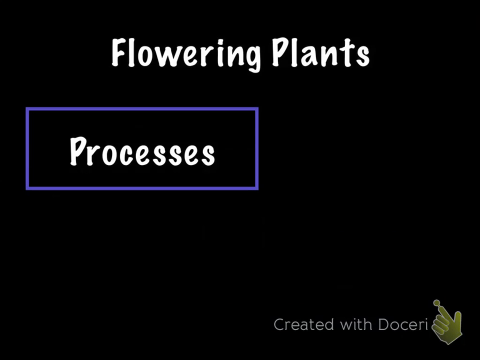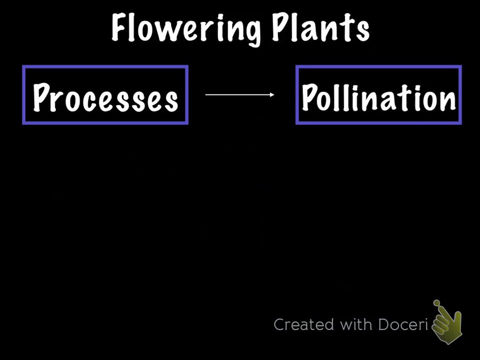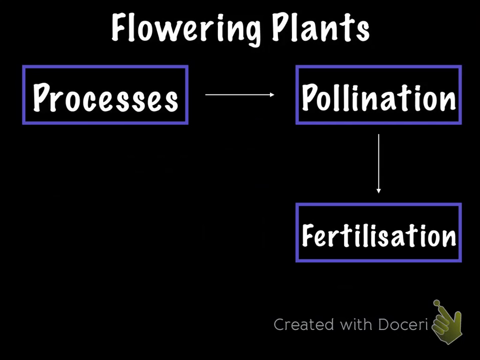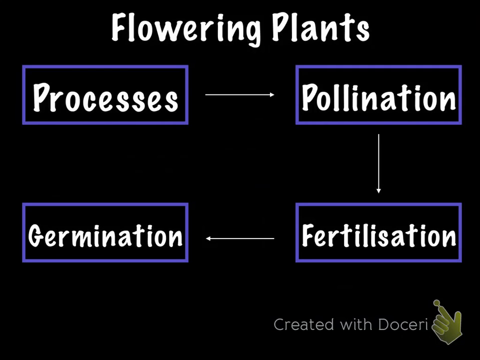Now, maybe you can take a minute or so to think about what processes we have learned so far. I'm very sure all of you remember, right? Okay, we have pollination, fertilization, and germination.